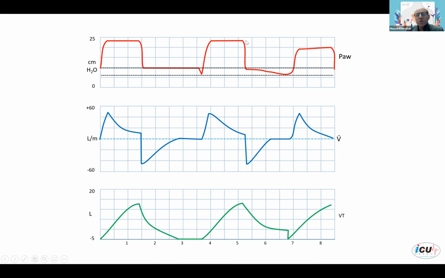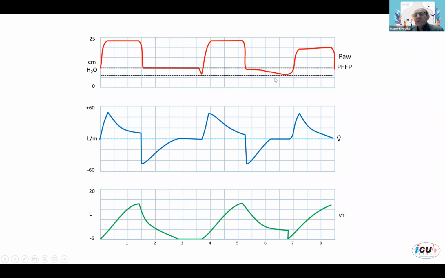This is a pressure control breath, but the patient has PEEP in expiration. So you see here, when we go back to the PEEP level, because of the leak, we're losing that PEEP. Okay? And that results in a drop in the pressure in the circuit.